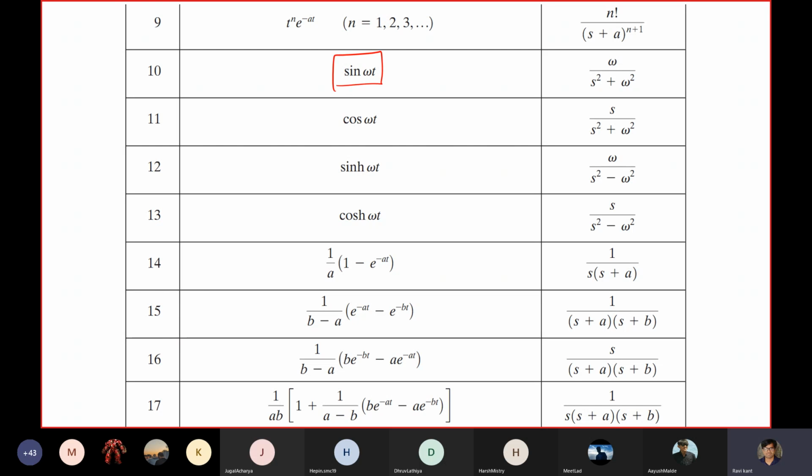So when f(t) was sine omega t, and you do the integral of sine omega t e to the power minus st dt from 0 to infinity, you will get F(s) as omega by s square plus omega square. See how nice and easy things came.